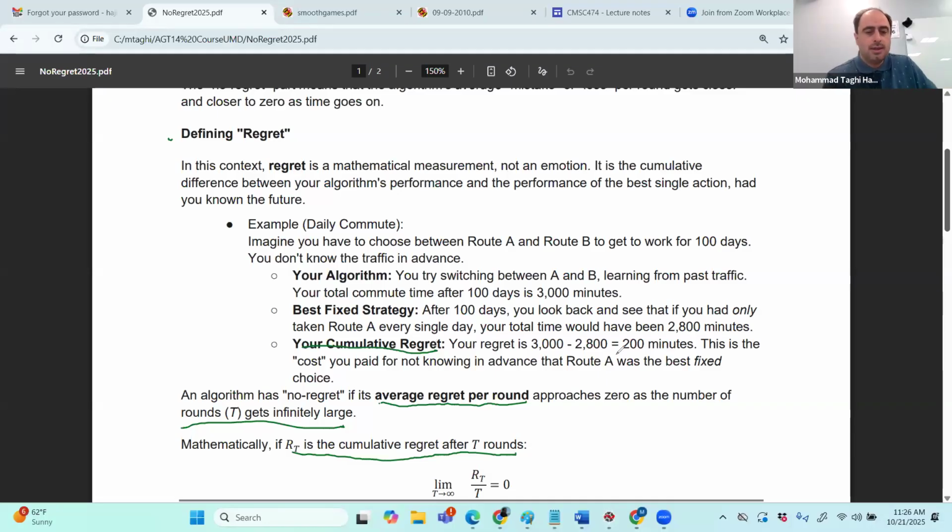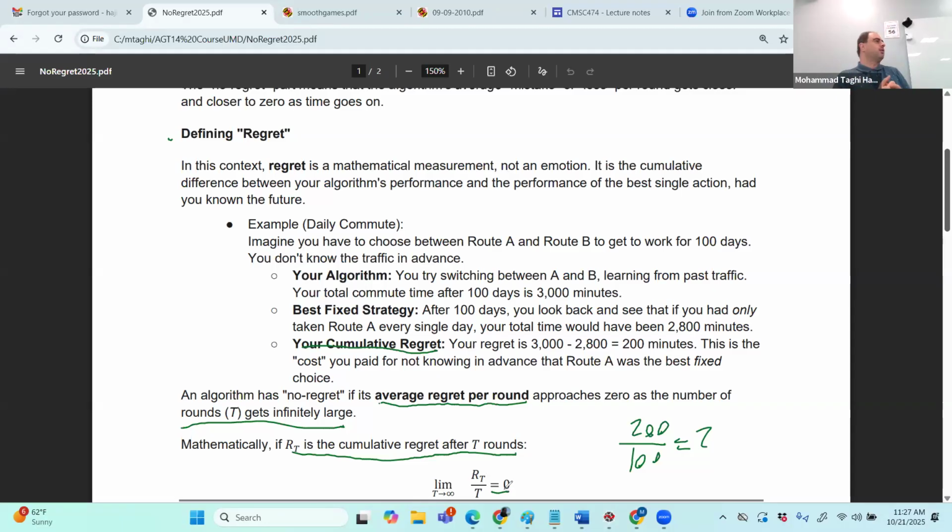So if you want to take the average, it would be 200 over 100 days, which would be 2. What do we want? We want that as T goes to infinity, your cumulative regret over time, the limit goes to 0. That's the meaning of no regret.